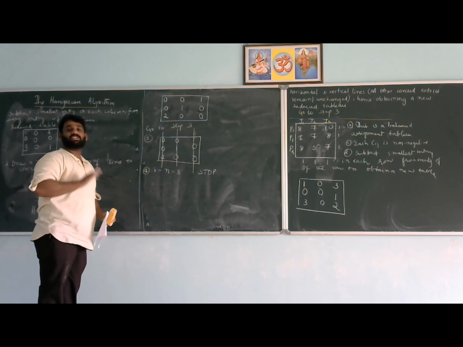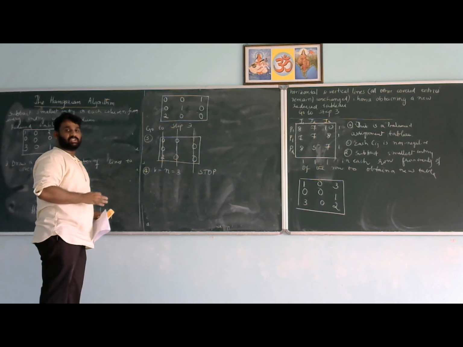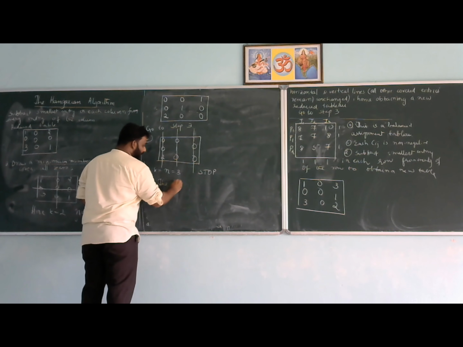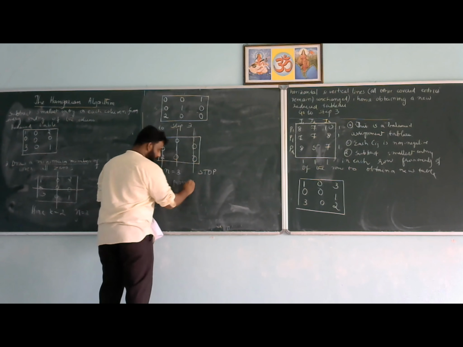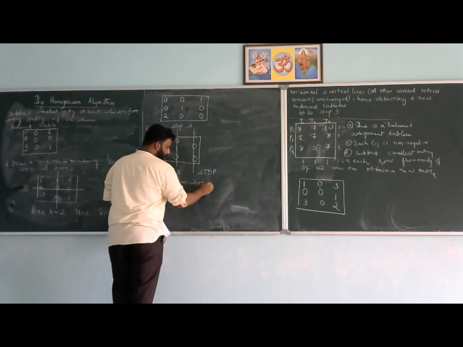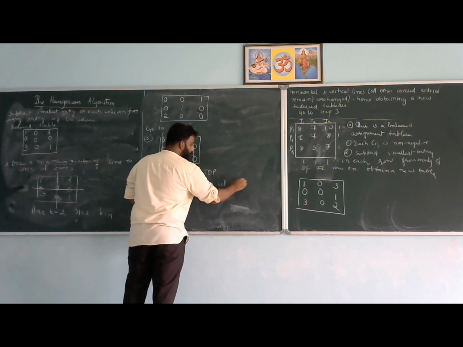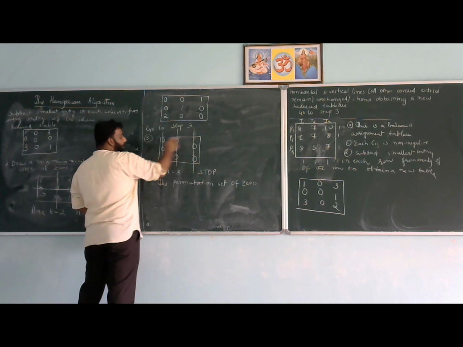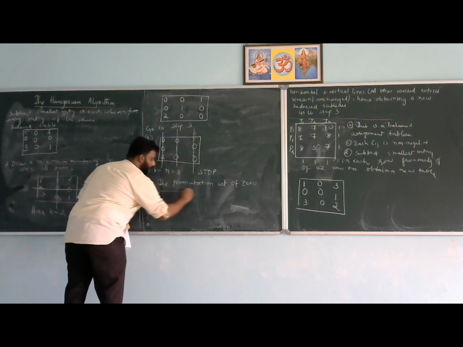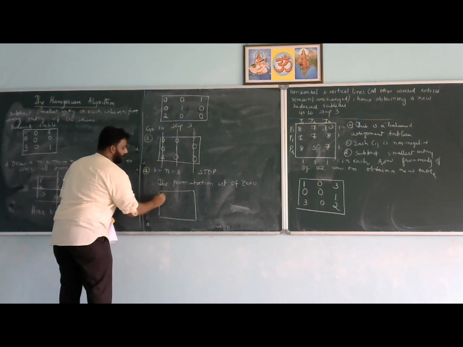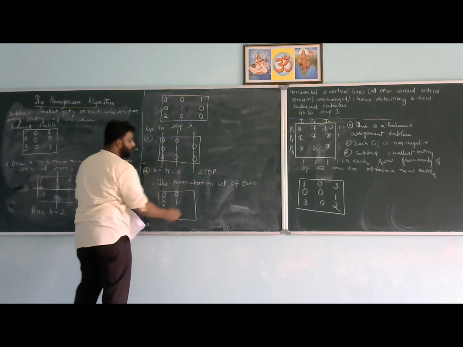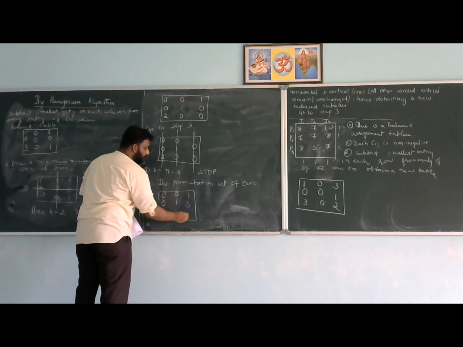Find the permutation set of zeros. You know what is permutation set of zeros, right? We have discussed in the last video. So the permutation set of zeros can be found among these zeros, right? 0, 0, 2, 0, 1, 0, 1, 0, 0, right?